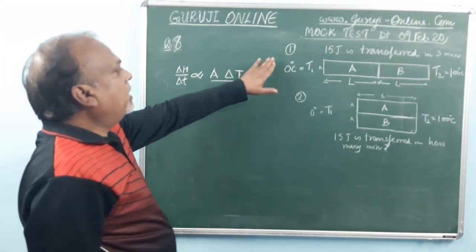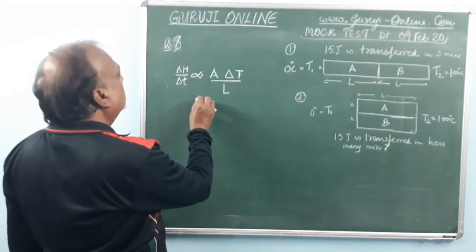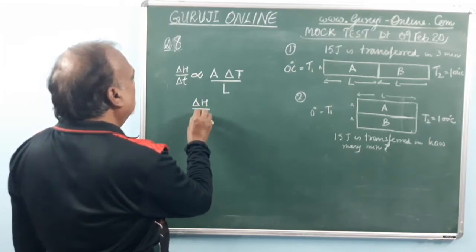So system 1 is there, system 2 is there. So we can write delta H is same in both the things.